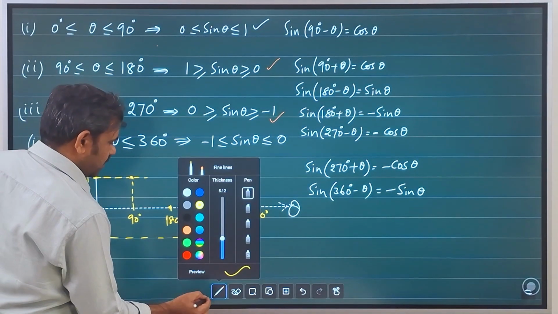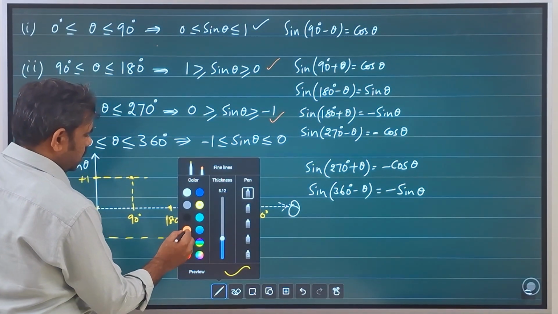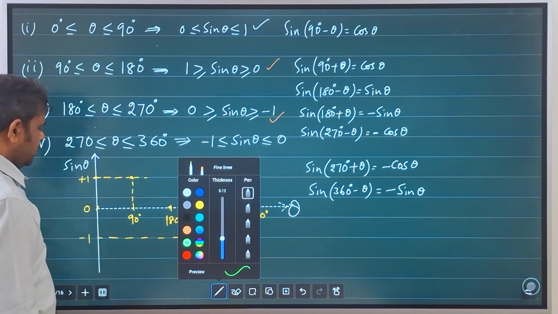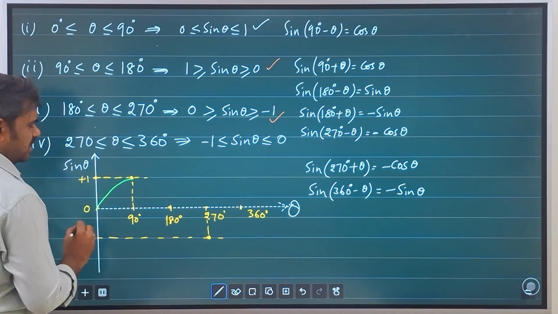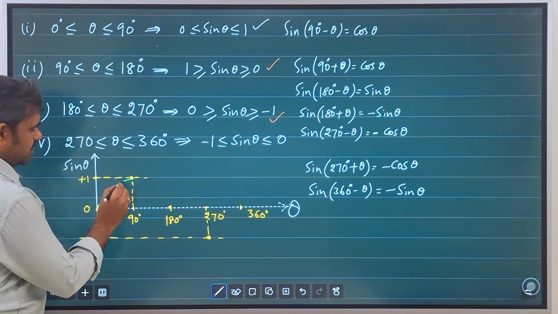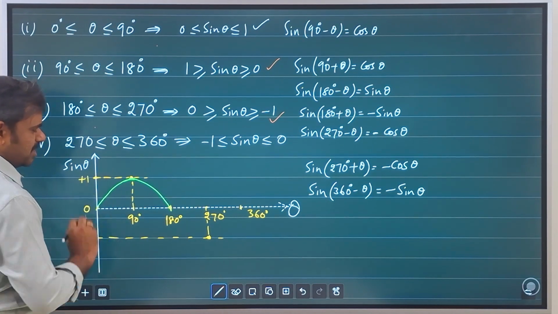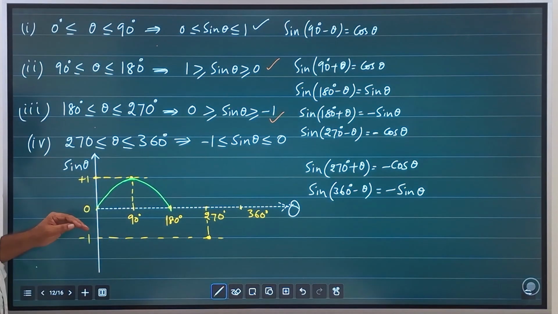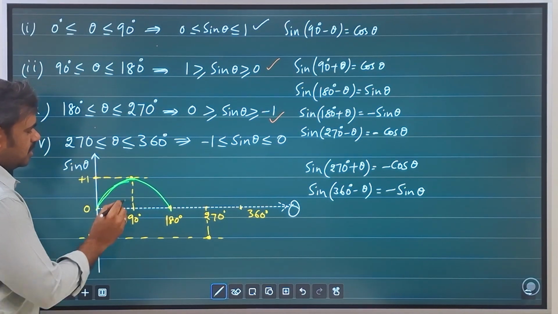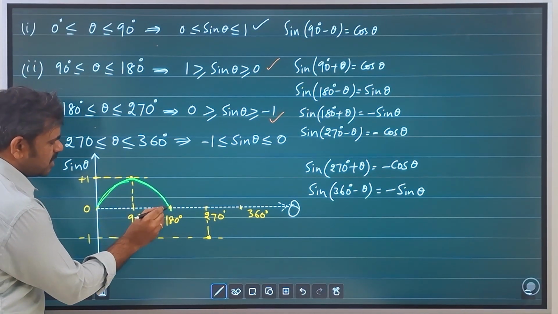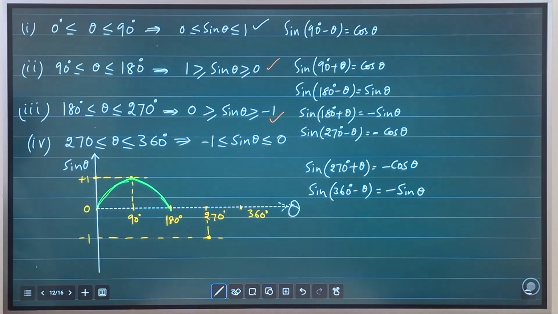Now let us draw the graph. If you draw a graph here, from 0 to 90 degrees, sine theta increases. From 90 degrees to 180 degrees, sine theta decreases.